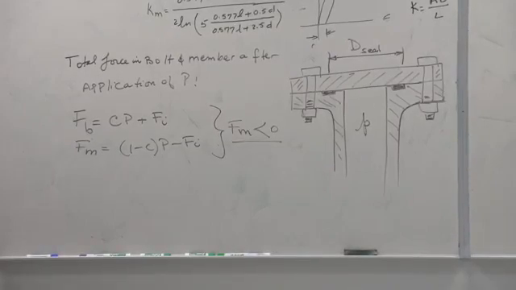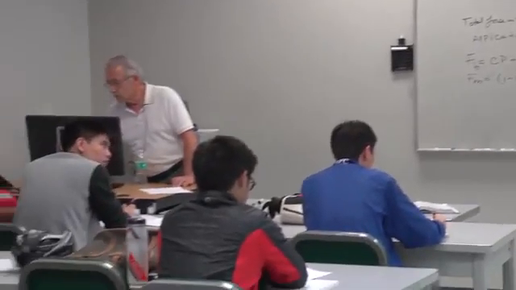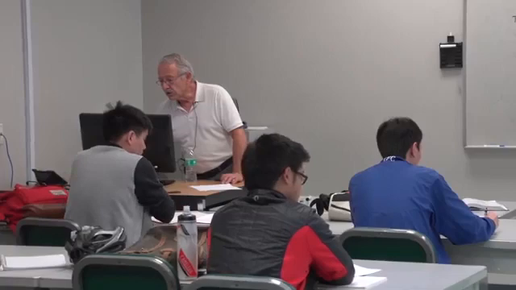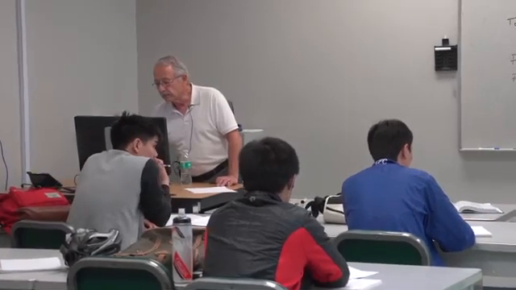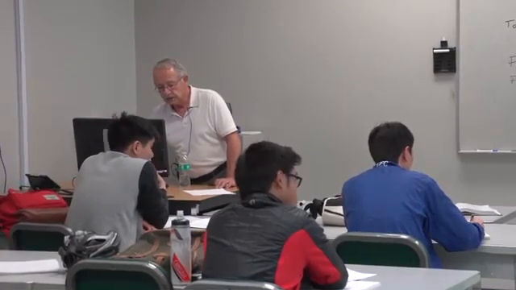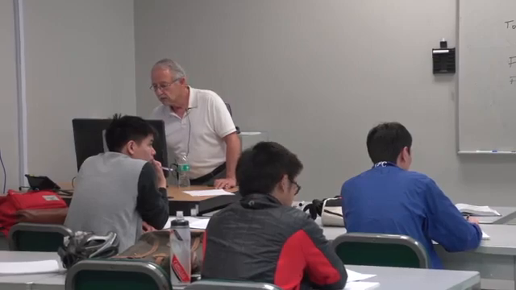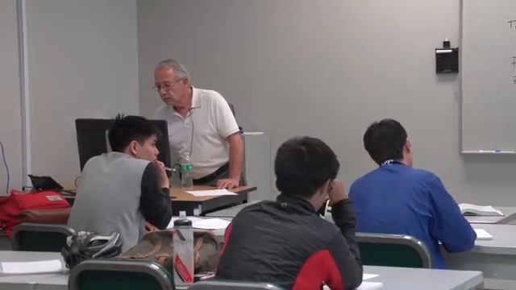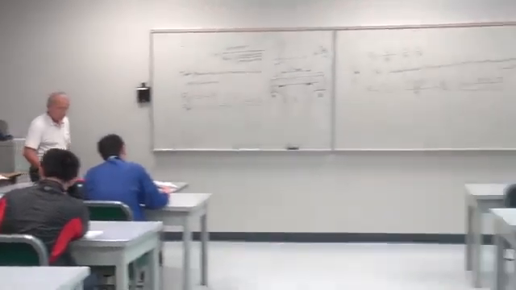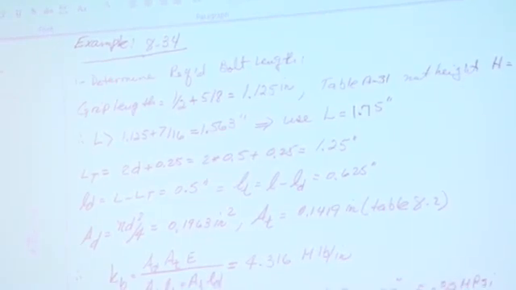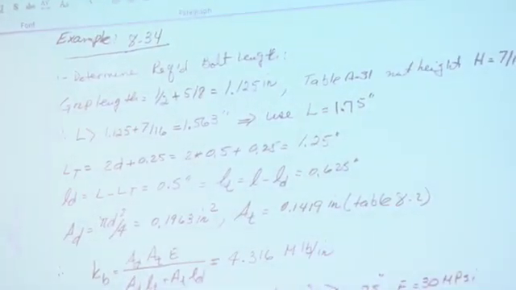Now let's, first you need to find the bolt length. To find the bolt length, you have to go to the particular problem, of course. 834 says these various dimensions that are given in this problem.